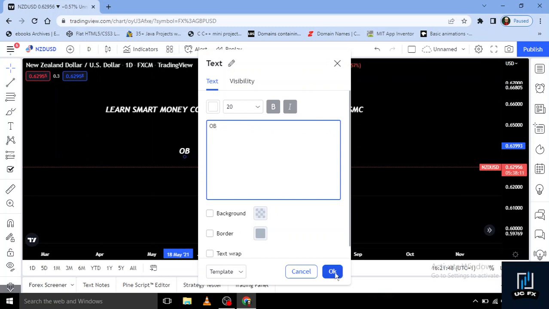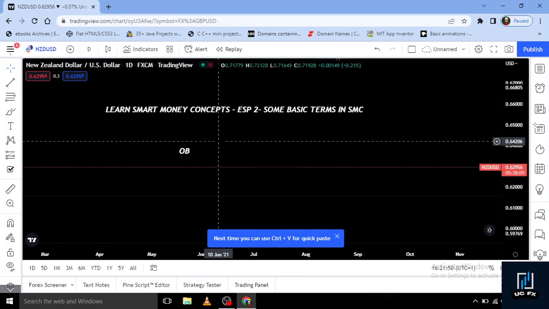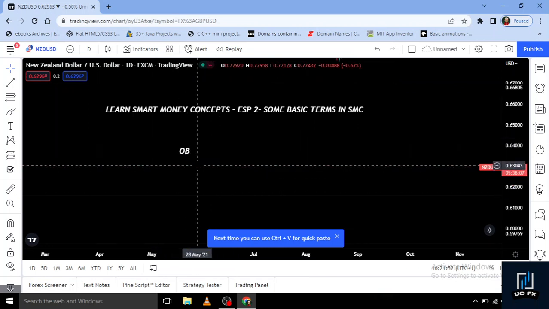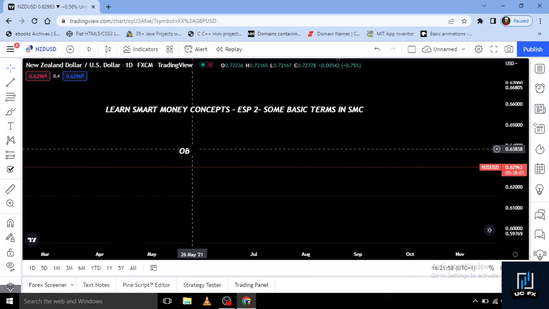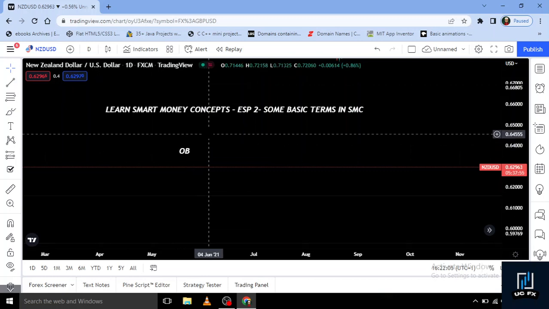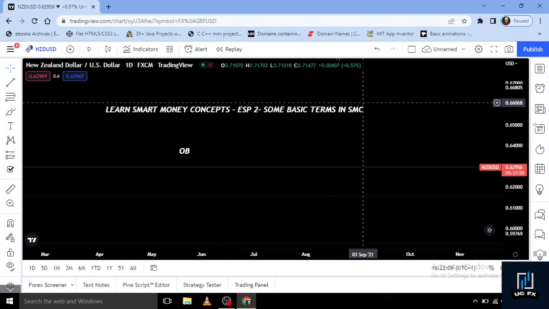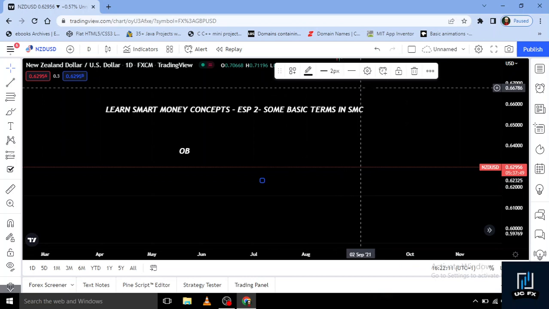So what are order blocks? Order blocks are basically areas in the market that are characterized by an impulsive move, either on the sell side or on the buy side. Let us hop into the charts. Let me show you that.